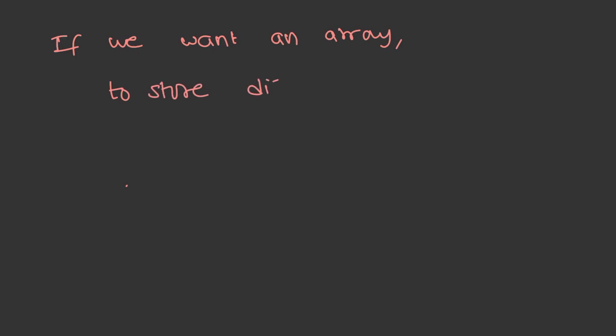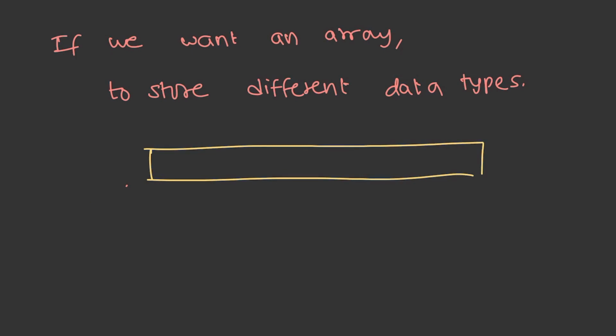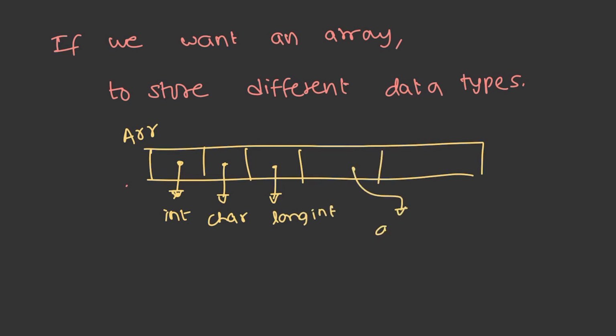As simple as that. Now, if we want an array to store different data types, consider this array, and in this array, first I want to have an integer. After that I need to have a character. Later on I need to have a long int, and after that I will be having an array of integers. Can you find out a way to make this possible?